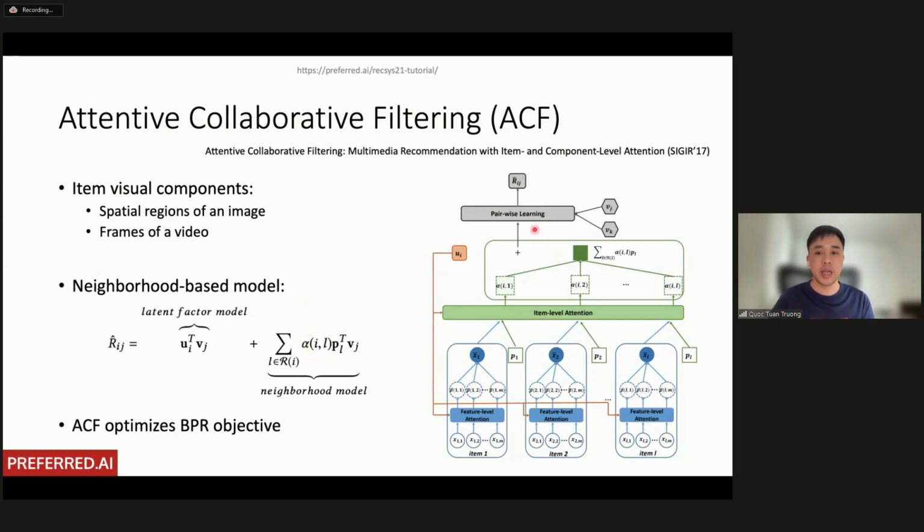With that, they can fit into the factorization framework to estimate the preference between a pair of user and item. And with that score, they put it into the BPR objective. So ACF eventually optimizes the BPR objective with the triples that we introduced earlier. I just want to highlight the key idea here: modeling the items by multiple visual components, instead of feature vectors or an image itself.